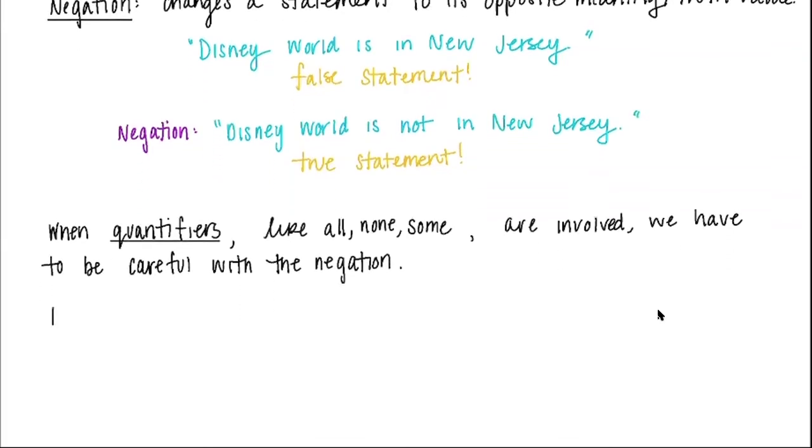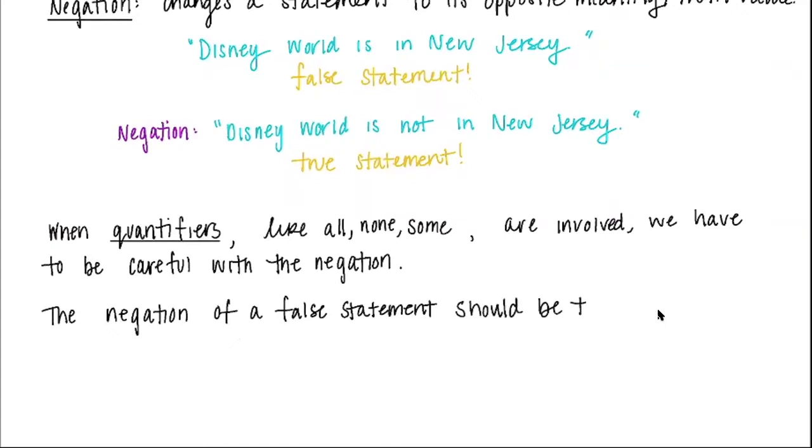So the negation of a false statement should be true, and vice versa. If I start with something true, its negation should be false. Right? And so if I give you a sentence that you don't know, that's kind of completely whack, we want to go ahead and try to negate it. Going to be a little bit more difficult.